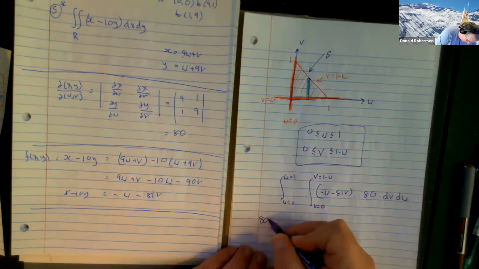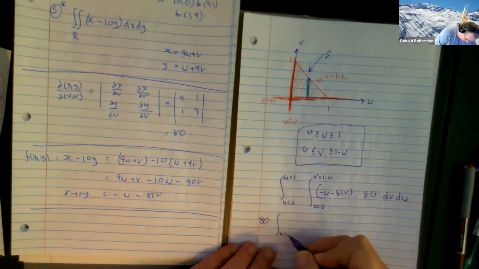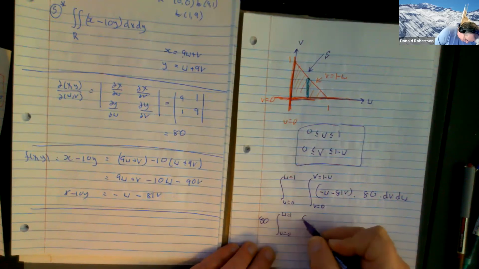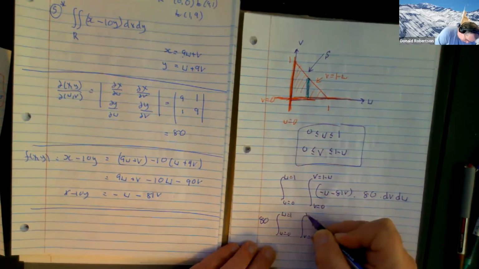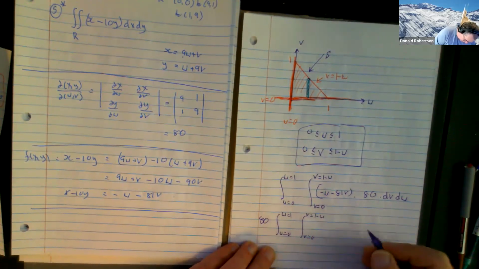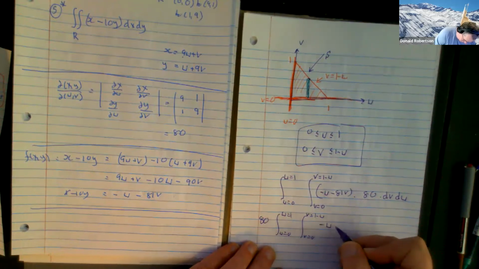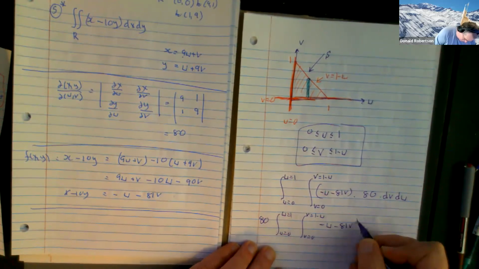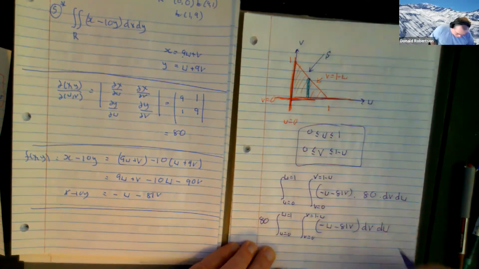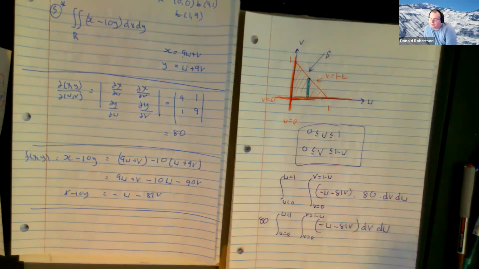I'll probably pull out the 80. Would you agree that that is doable? It's just a normal double integral. Okay, it's got u's and v's, but that's it.